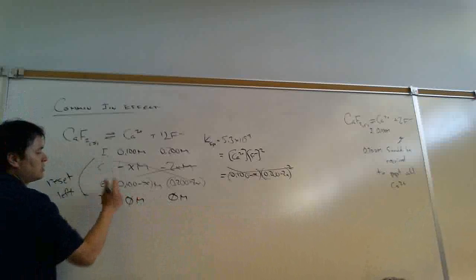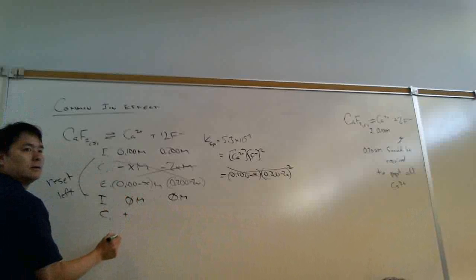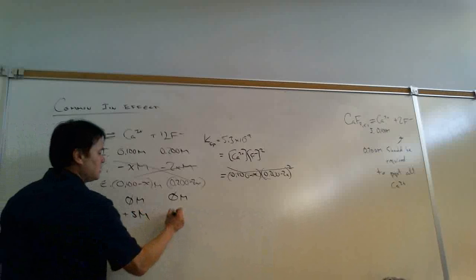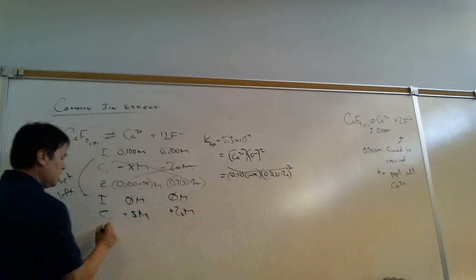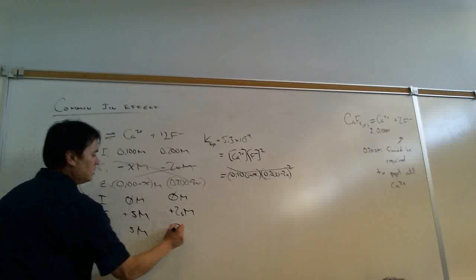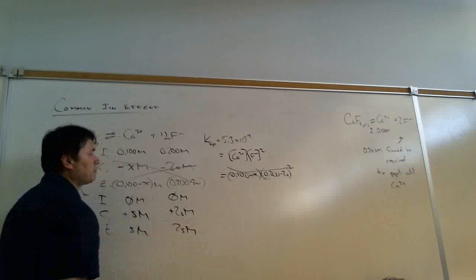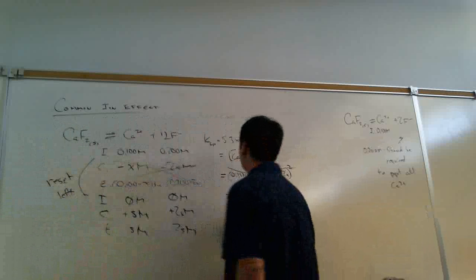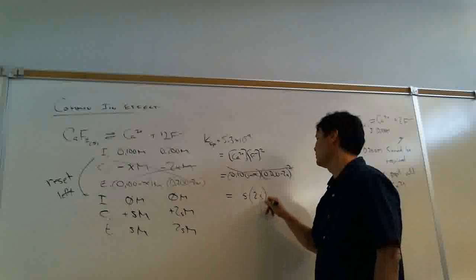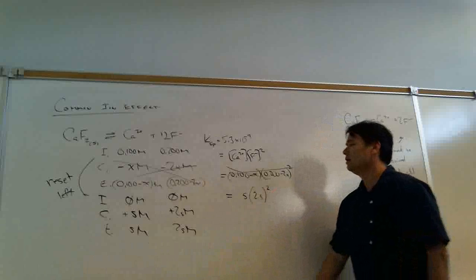Now the change. What is the change? Plus S, plus 2S. And so at equilibrium, we're going to get S and 2S molar. All right, now look at the math. If we compare it, this is going to be S times 2S quantity squared.